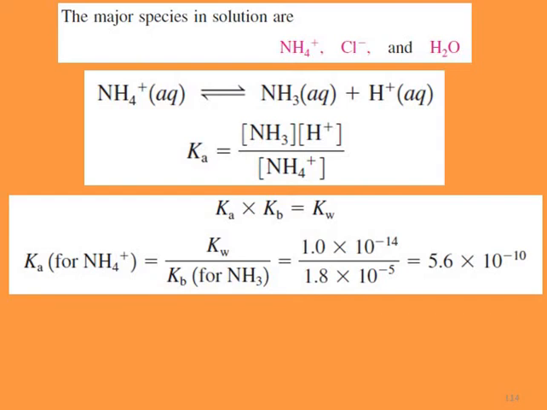Ammonium ion is going to produce ammonia and proton, so Ka will be the concentration of ammonia times the concentration of proton divided by the concentration of ammonium ion. Kb is given, so using this formula we can find Ka. We had it before, so Ka will be 5.6 times 10 to the power of negative 10.